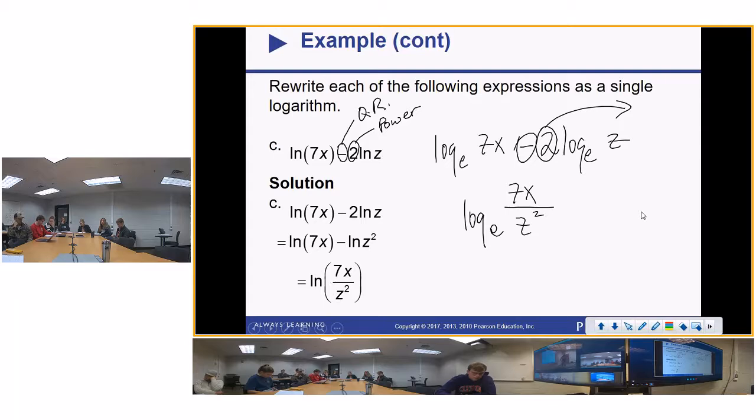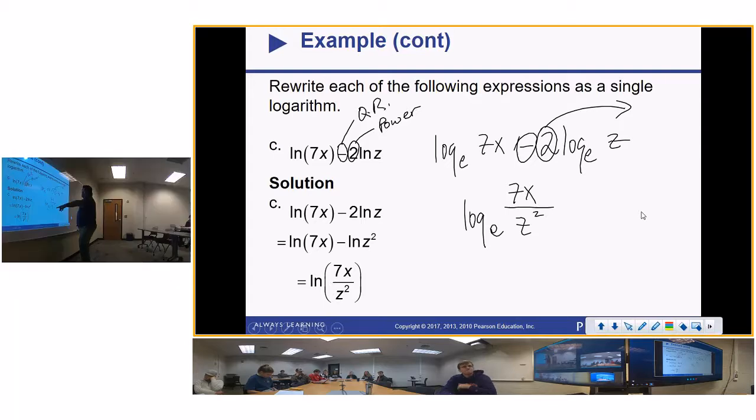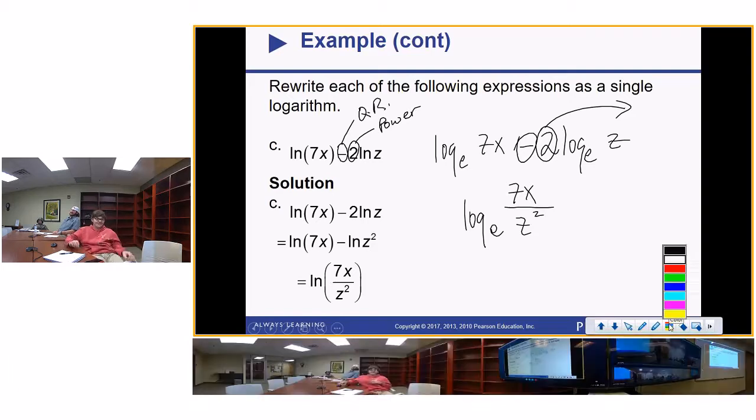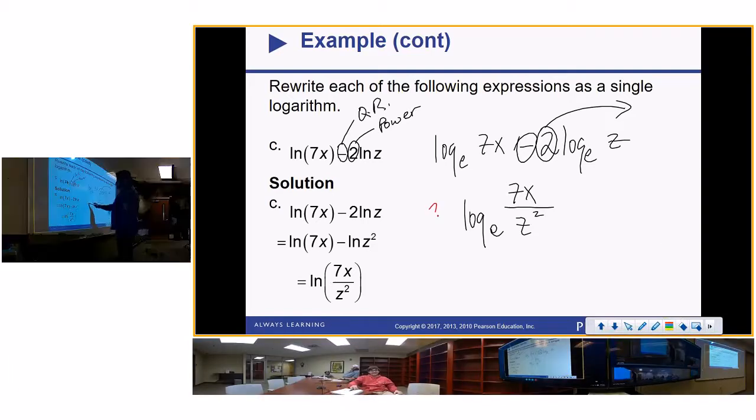So you could write log base e as a natural log, or you could leave it as log base e. Now you may have some SA instructor who marks it wrong, but they can't.